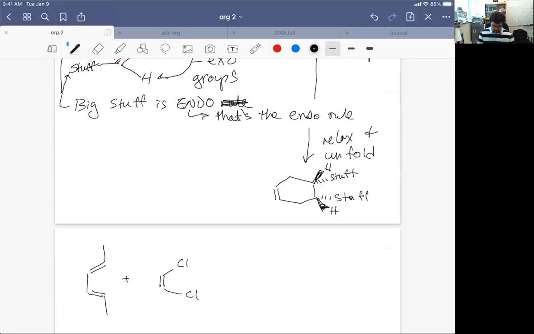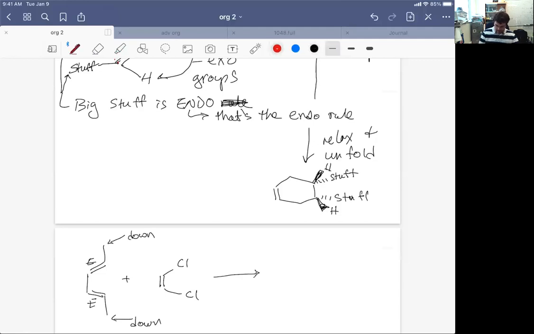So first of all, what we can recognize is we've used things with groups sticking up and sticking down, or things that are E on the diene. So just from our general stereochemical model, and we'll prove this with a three-dimensional perspective drawing that we've gotten used to, we already know where those groups are going to be oriented.